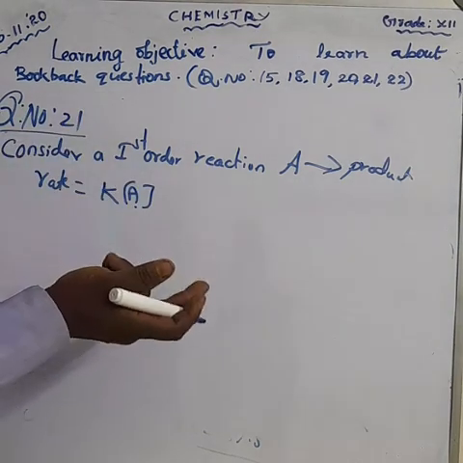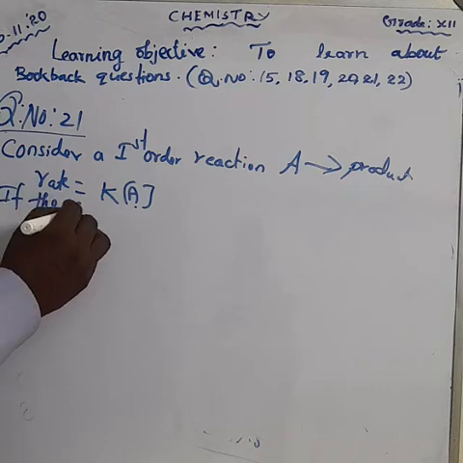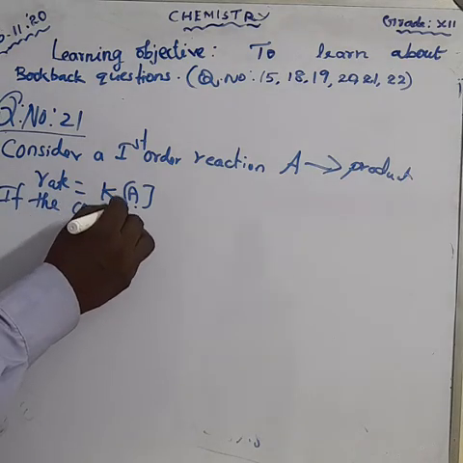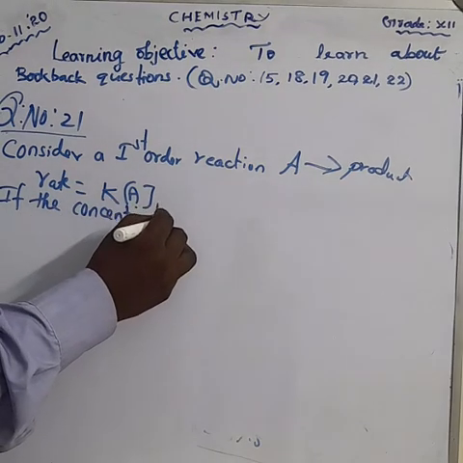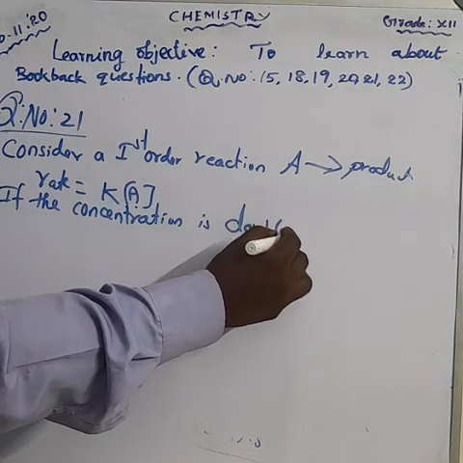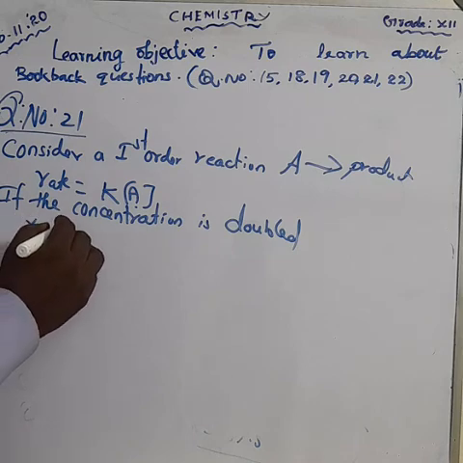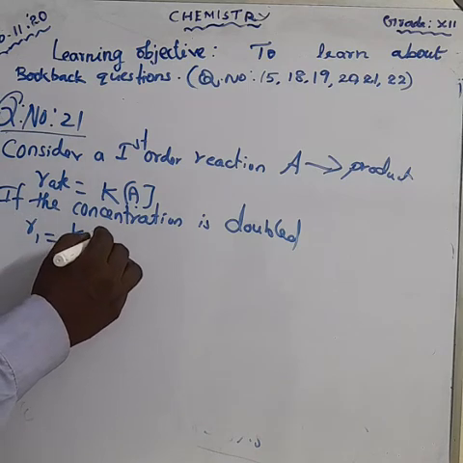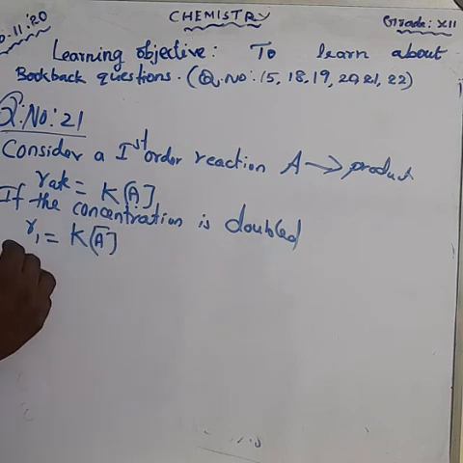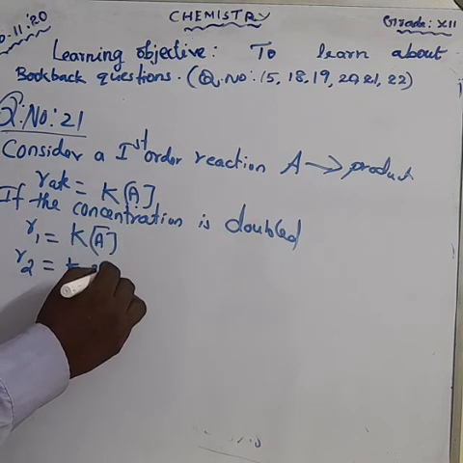If the concentration is doubled, that is R1 is equal to K into A. So what about R2? R2 is equal to K into 2A.